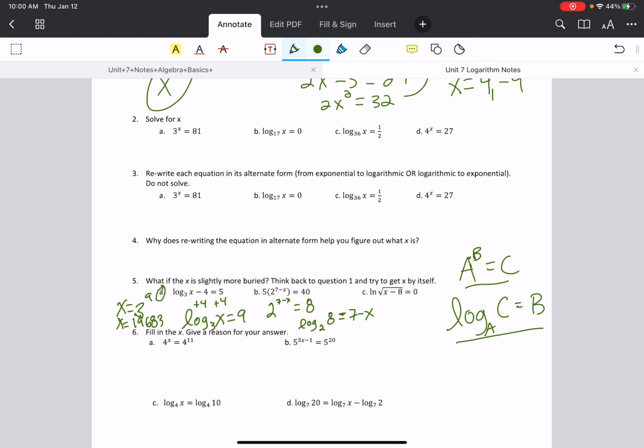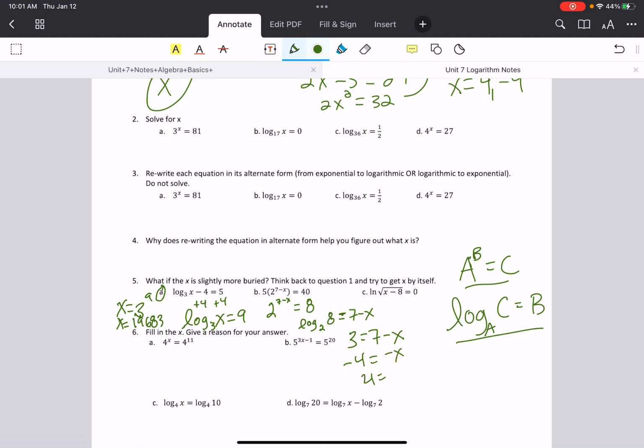Then I think back to 7.1. What exponent do I put on 2 to get to 8? Try again. That's multiply. 3. So 3 equals 7 minus x. So negative 4 equals negative x.